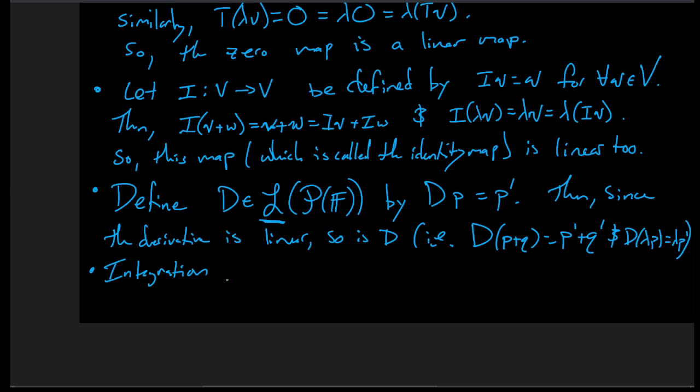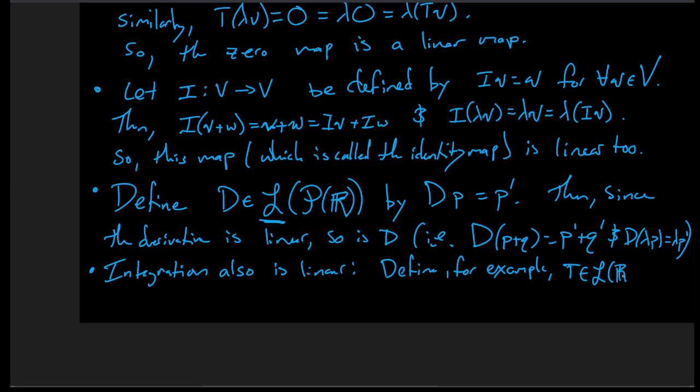Integration also works. So for example, let's take T to be a linear map from the polynomials over, and maybe I should say here instead of polynomials over just a field, let's just say over R just to be easy.